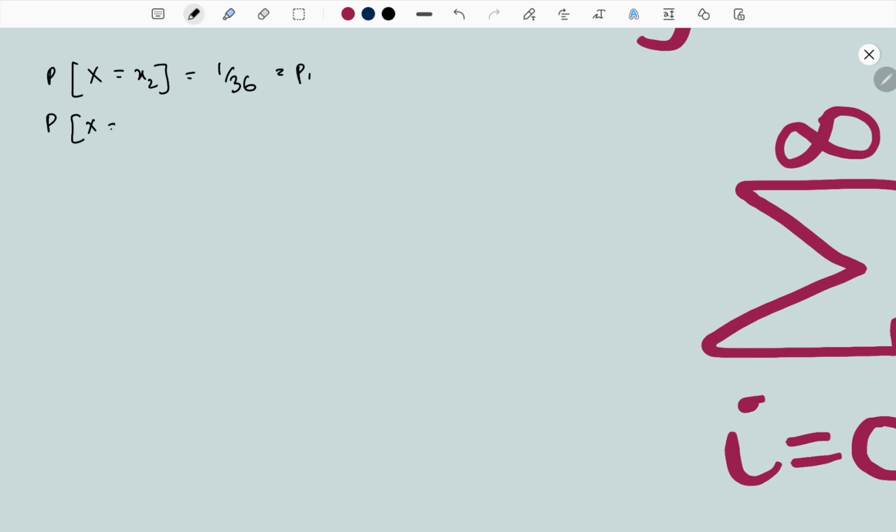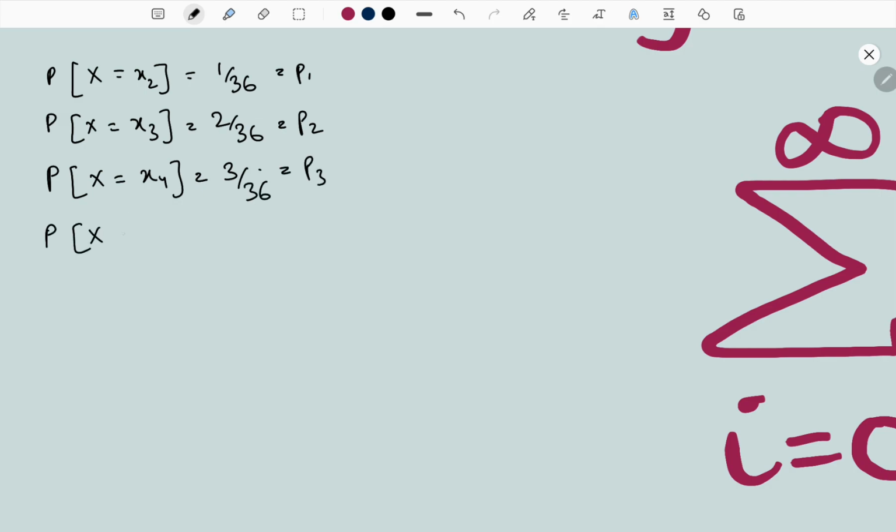P(X = x3) will be 2 by 36, which will be p2. P(X = x4) will be 3 by 36, which will be equal to p3. P(X = x5), we didn't discuss this one yet, so we will have the outcomes (4,1), (1,4), (3,2) and (2,3).